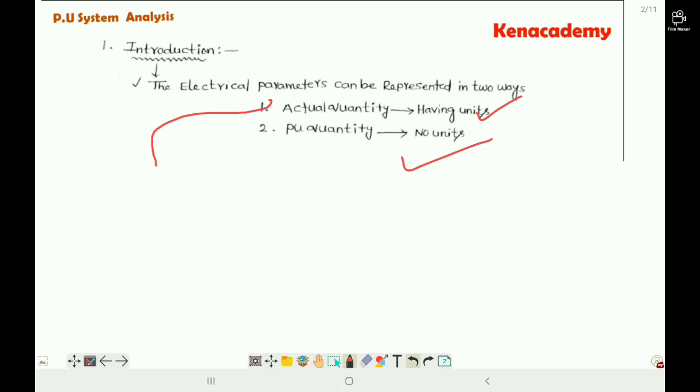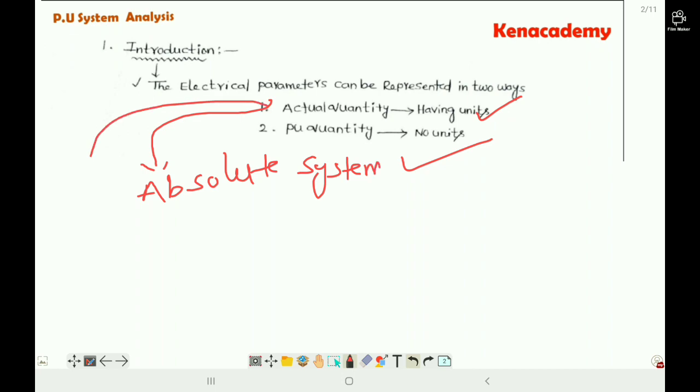This actual system is also called the absolute system. That point you remember. This actual quantity is also called working quantity. Then one more system is the per unit system.